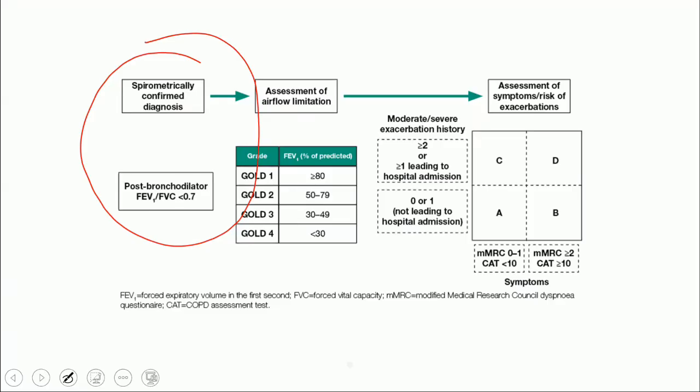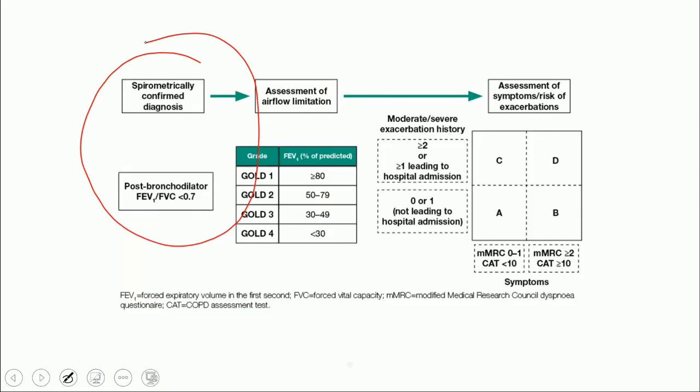Number one, assessment of the degree of symptoms. For that we use two scoring systems, the MMRC classification and the CAT. From that, we can assess the degree and impact of symptoms, how severe these symptoms are. So that's with the MMRC and the CAT.